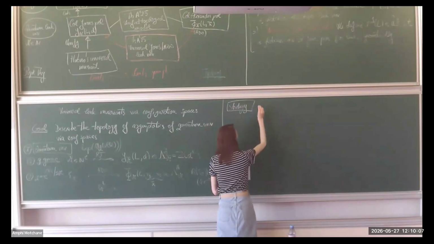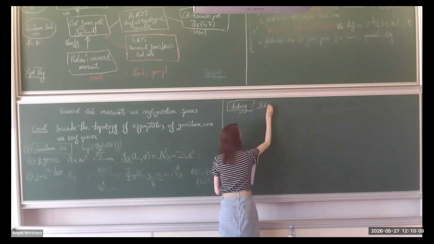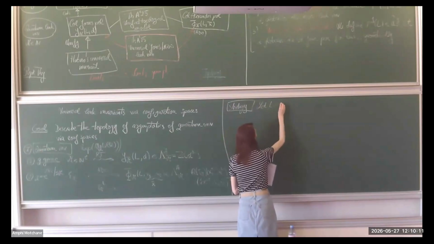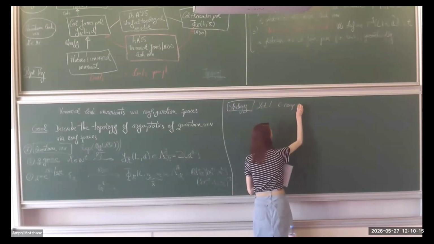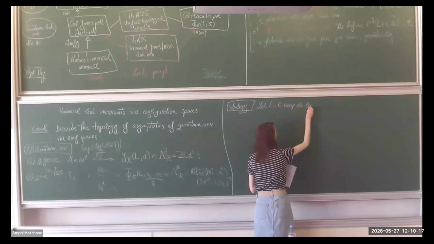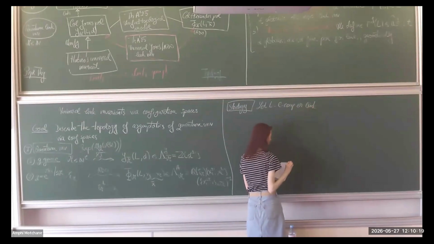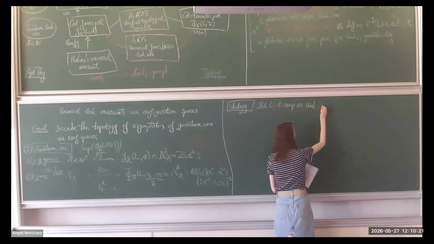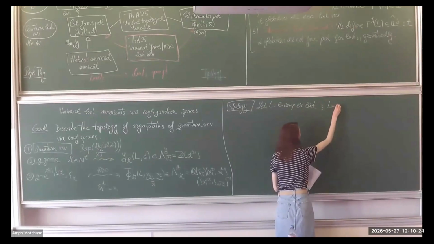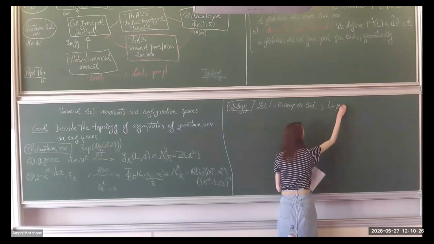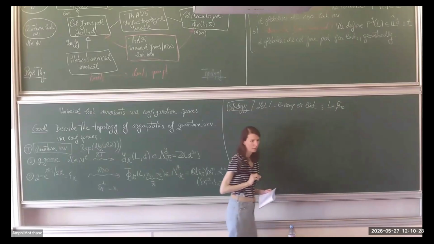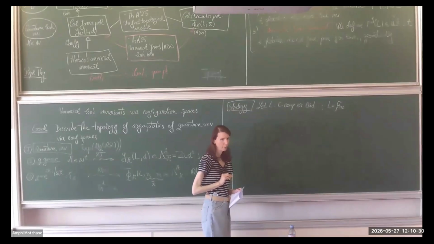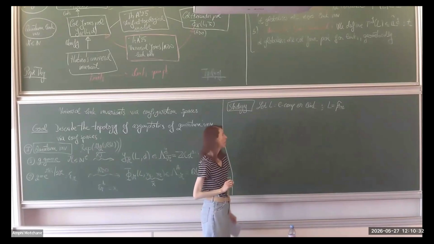So our input is an L component link, which is oriented. And we'll be looking at it as being the closure of a braid with n strands. Okay, we can always do that.